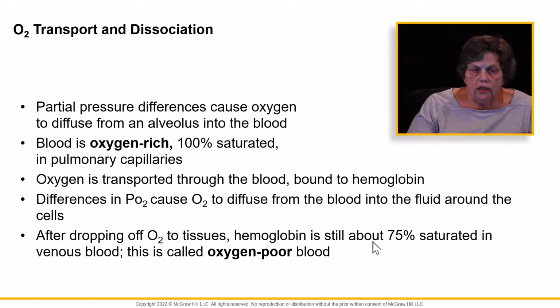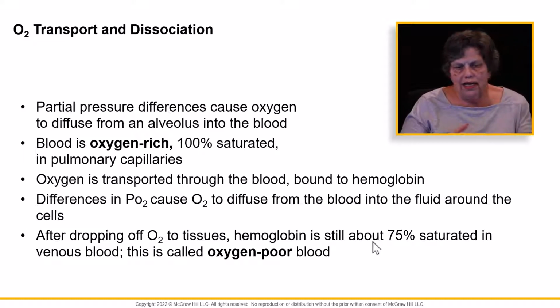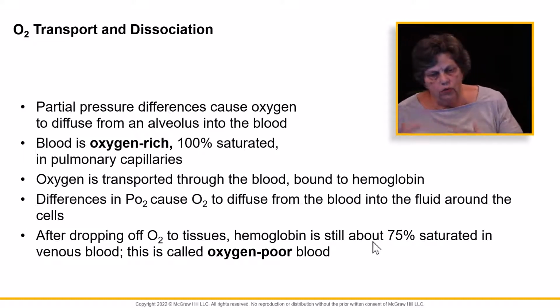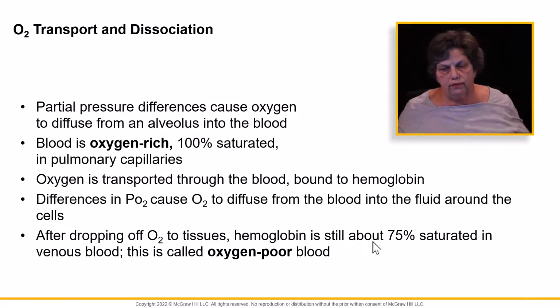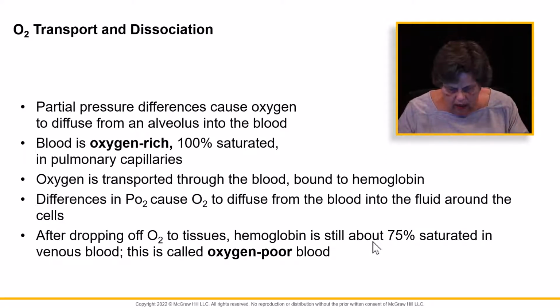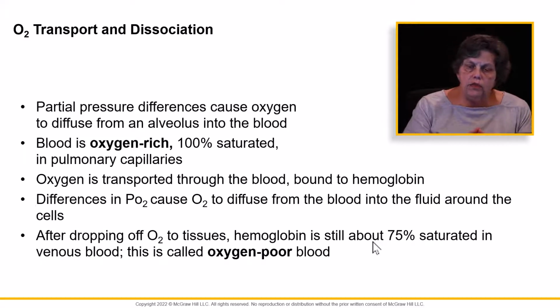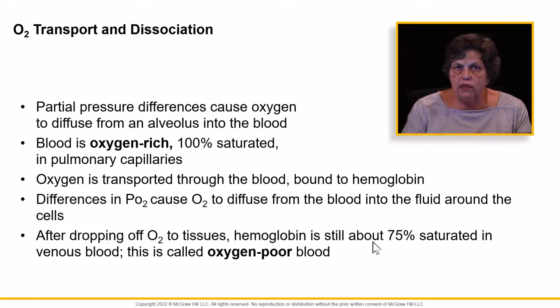Basically, blood is oxygen rich. We want it to be 100% saturated in the pulmonary capillaries. And so the differences cause that oxygen to diffuse from the blood into the fluid around the cells. And after we drop off the oxygen to the tissues, the hemoglobin still remains about 75% saturated in the venous blood.